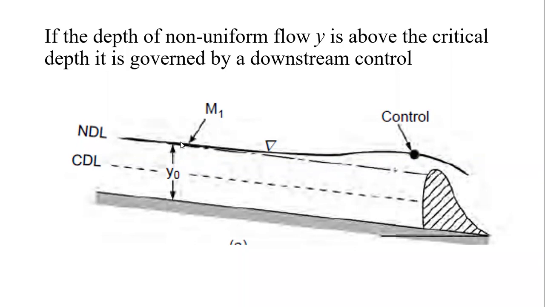So this is the upstream end for the dam. So with respect to the profile, where the flow depth is greater than the CDL, critical depth level, then the control point is governed by the downstream control, or the control point exists at the downstream end. This is the first condition: where y is greater than yc, the profile is governed by the downstream control point.